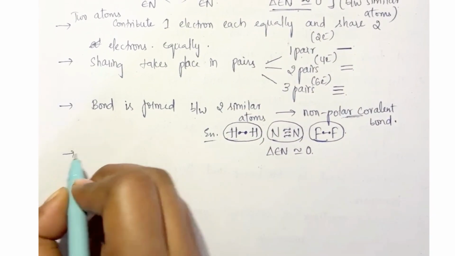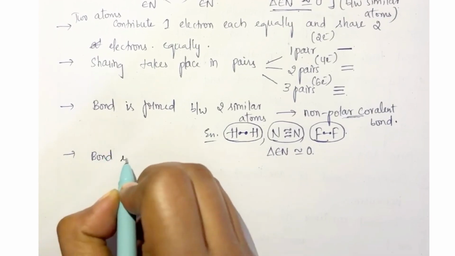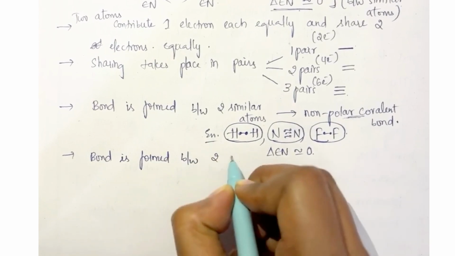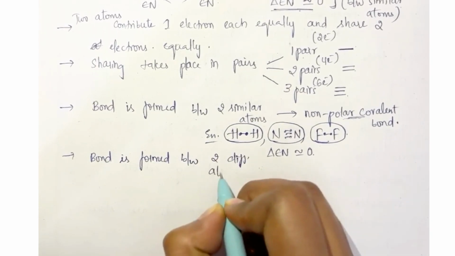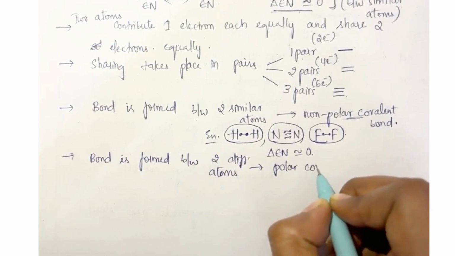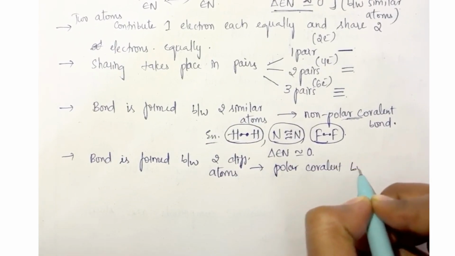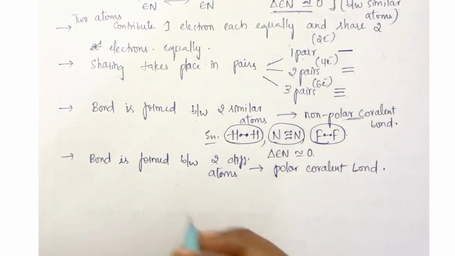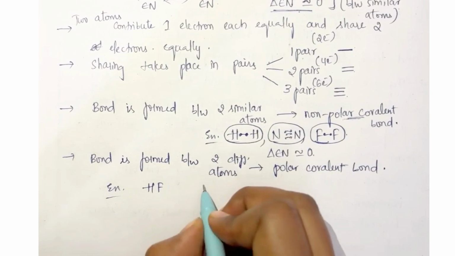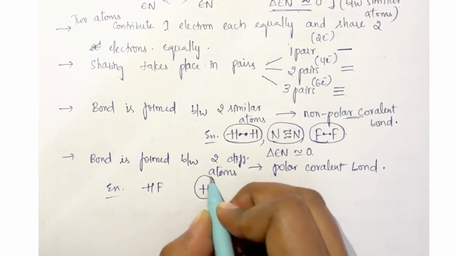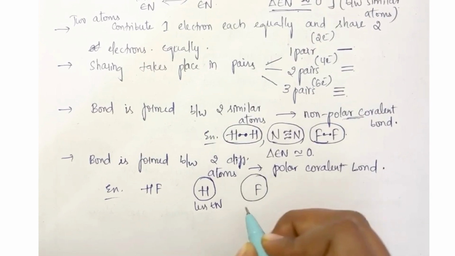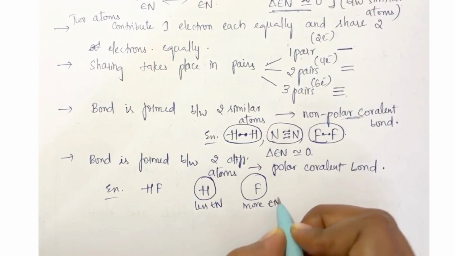Suppose if the bond is formed between two different atoms, then such bond is called polar covalent bond. What is polar covalent bond? For example, if you have HF molecule, hydrogen will have less electronegativity and fluorine will have more electronegativity.